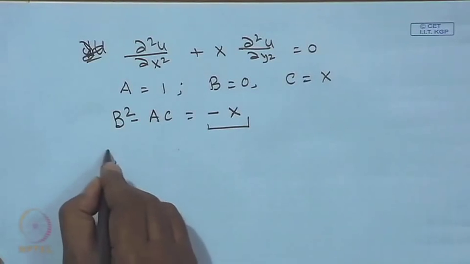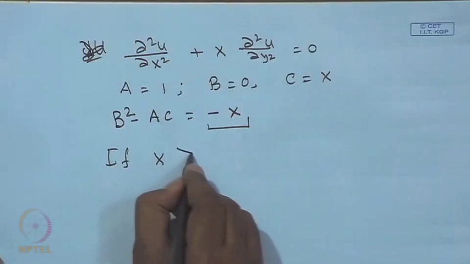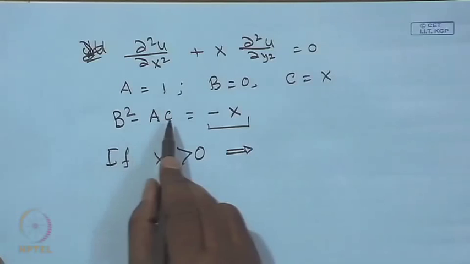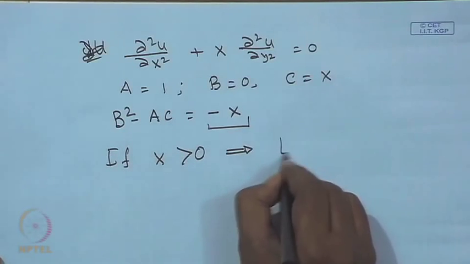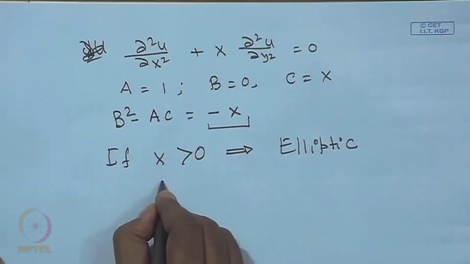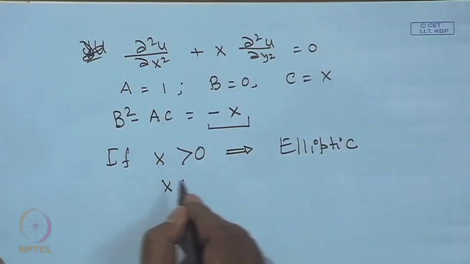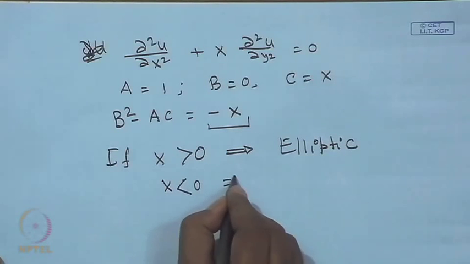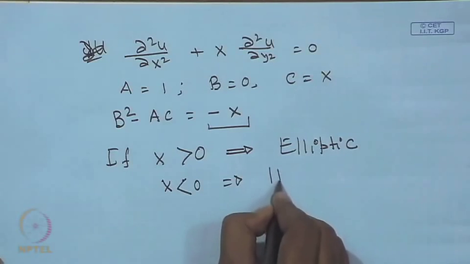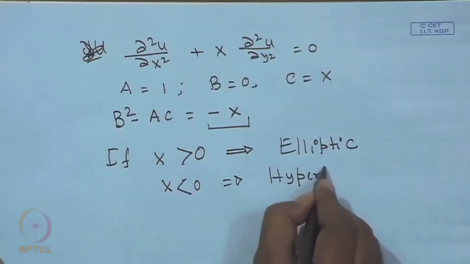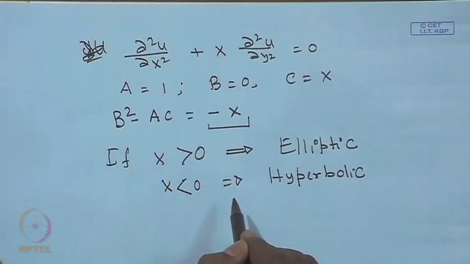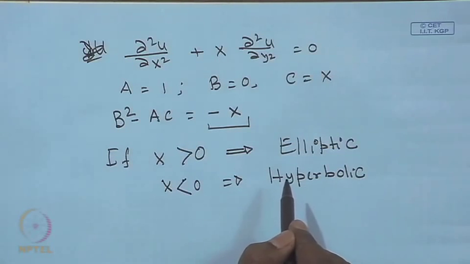That means, if x is greater than 0, then b square minus ac is negative, and we will be landing up with an elliptic partial differential equation. If x is negative, then b square minus ac is positive, and we are talking about a hyperbolic equation, and if x is equal to 0, we are dealing with a parabolic partial differential equation.